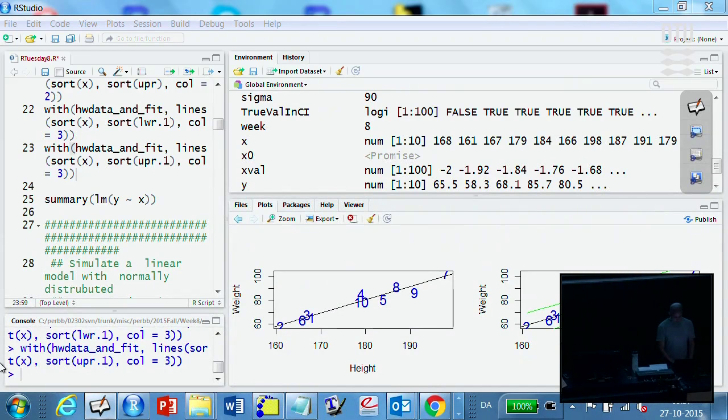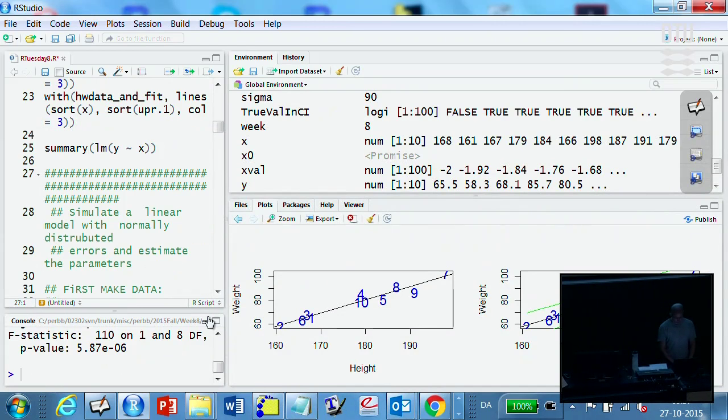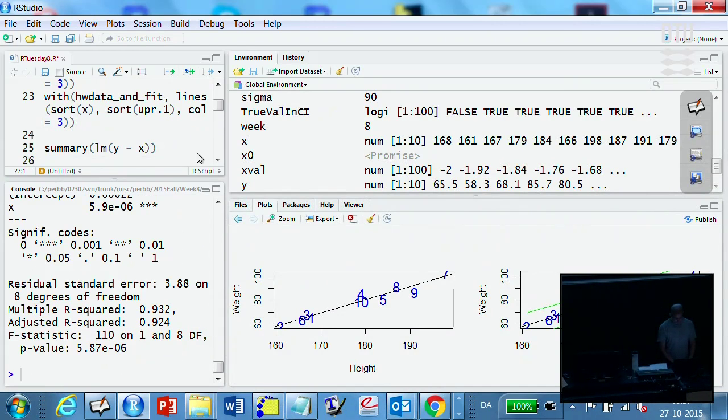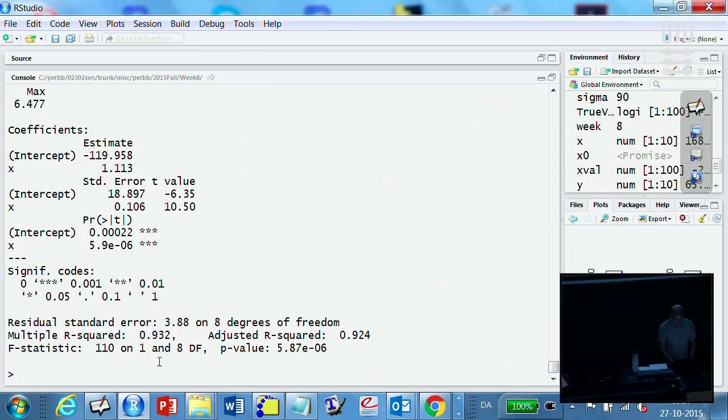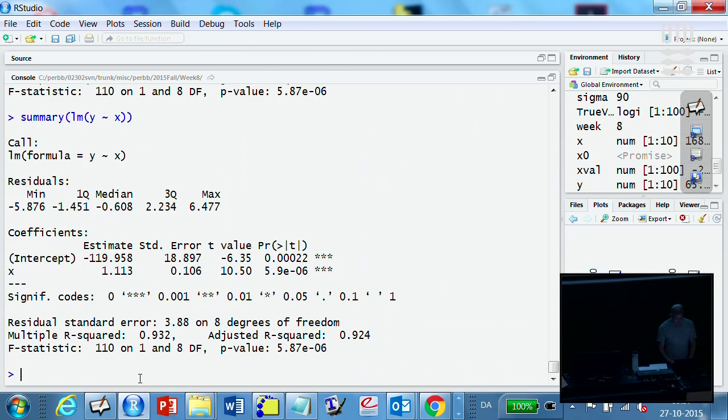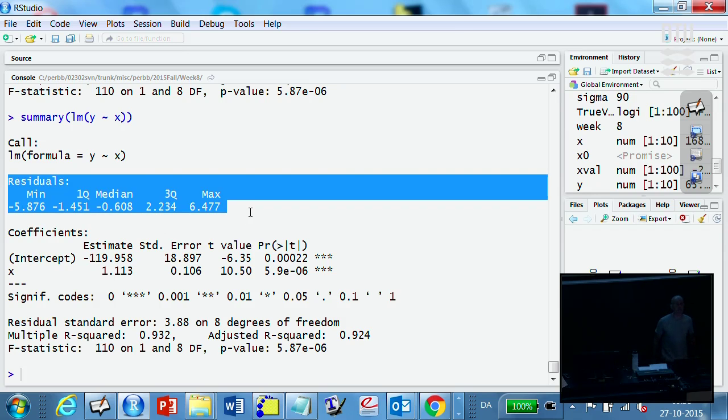Let's do the summary and look at it to make it explicit. Here we are. That's what I'm talking about. What are we told by R here, compared to what we have learned? It gives us a summary of the residuals. It's basically just giving the quartiles, the mean, the minimum and the max.